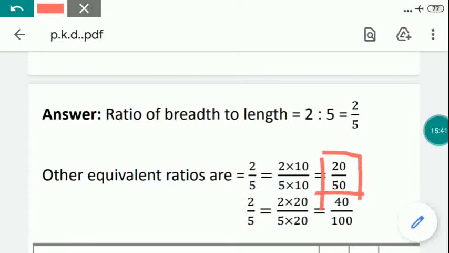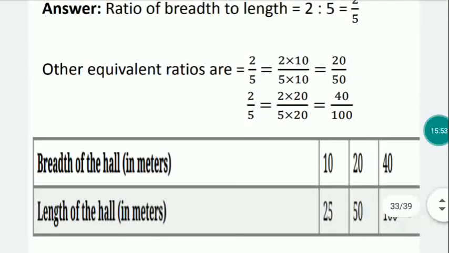Next 2/5 which is equal to multiply by 20, 2 into 20 upon 5 into 20, which is equal to 40 upon 100. So we just find out its equivalent ratio. See, 10/25, 10, 20, 40. Next 25 to 50, 50 to 100. You get all this like this.